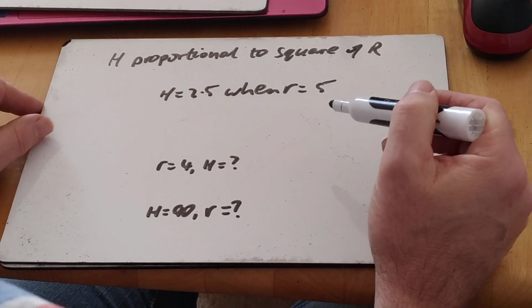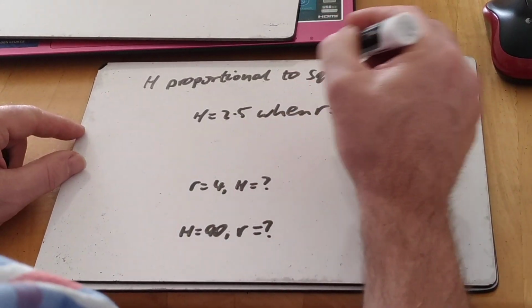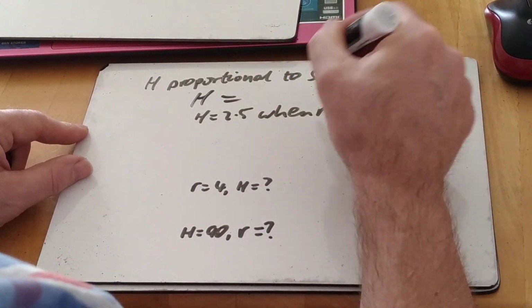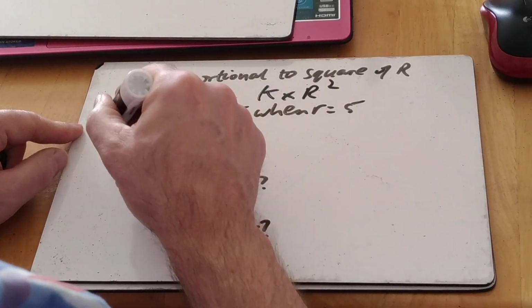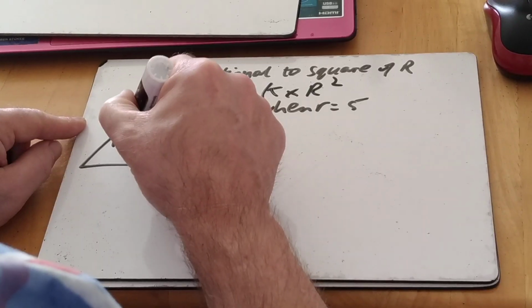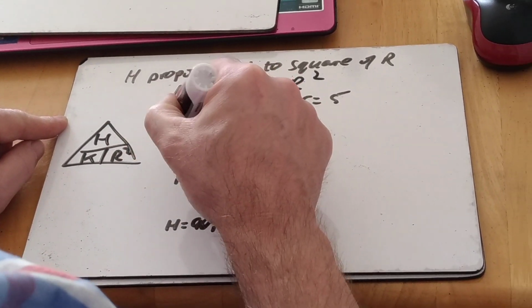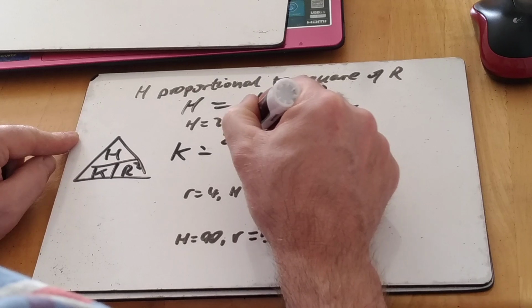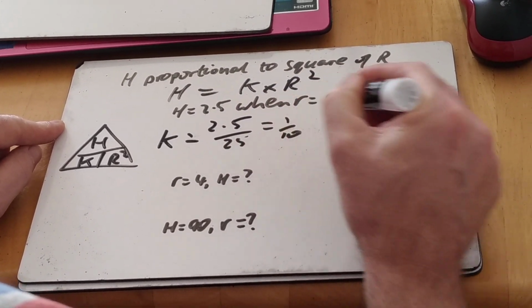This is going to take a bit more work at the end here. So, our setup, let's rewrite it as h equals k times r squared, or h on the top, k and r squared. So k is going to be whatever h is, 2.5 over 25, which is 1 over 10.